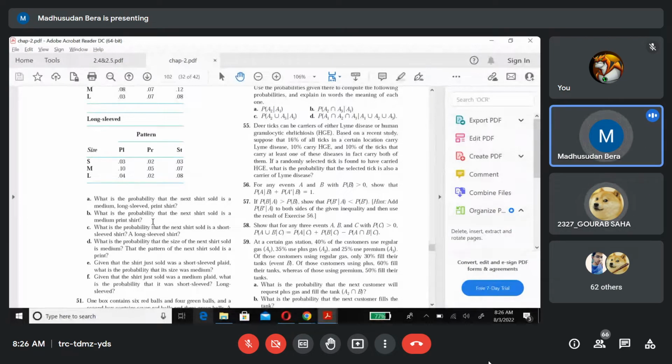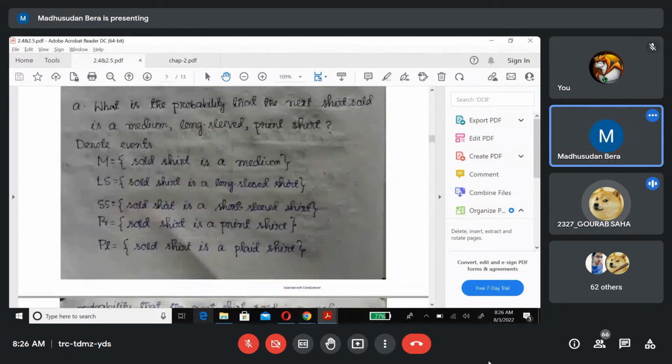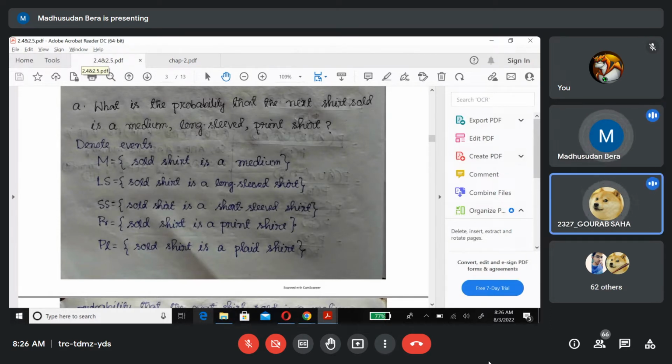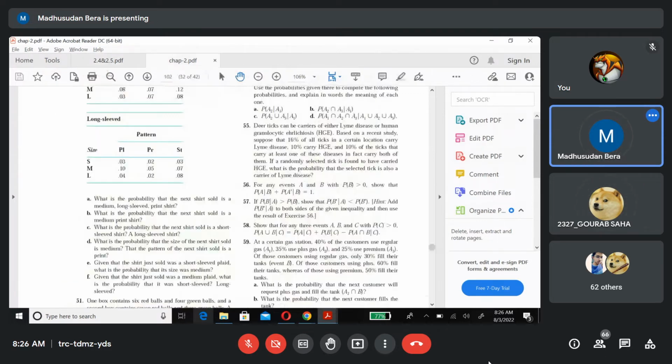So it is given that the shirt just sold was short-sleeved and plaid, which means SS intersection PL is given. What is the probability that it is medium? So we have to find P of M given SS intersection PL.